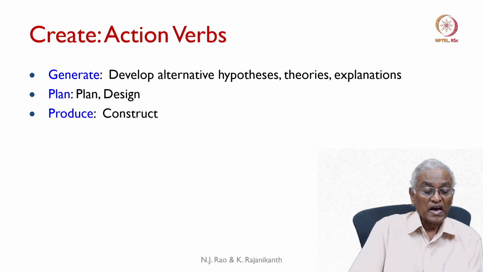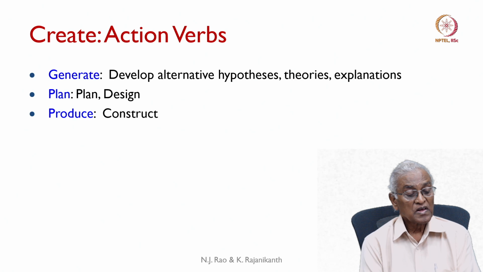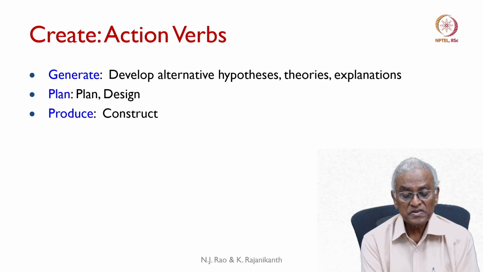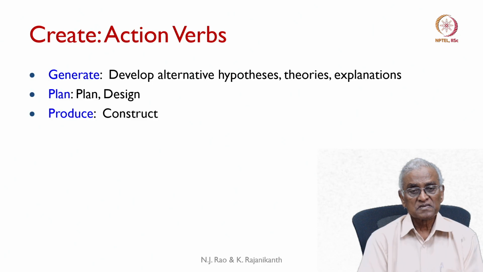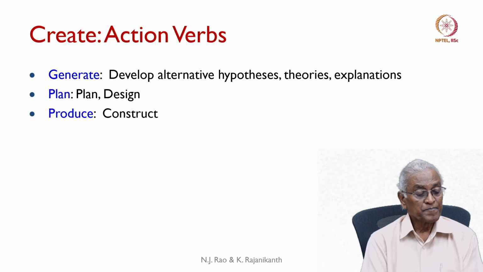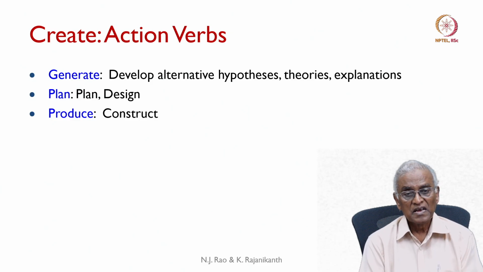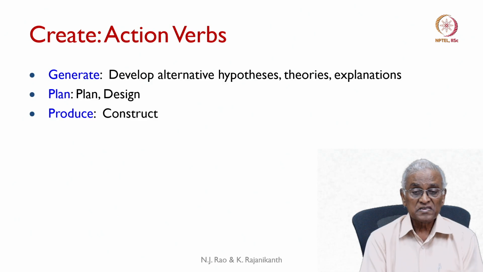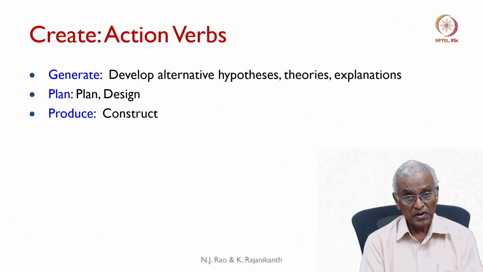Now, the action verbs for this: generate, develop alternate hypotheses, theories, and explanations. All this is generate. Then plan, the words are plan and design. So kindly note that design is a permitted or acceptable action verb for the create process.